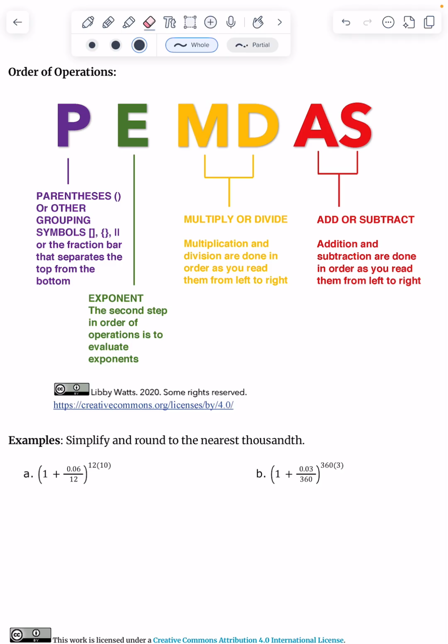PEMDAS is a good starting point for order of operations, but I want you to be careful because the M and the D and the A and the S can actually be interchanged. It depends on which one comes first. If multiplication comes first, then you do that, but if division would come first, then you would do that. And with addition and subtraction, it's the same thing. So just be aware of that.